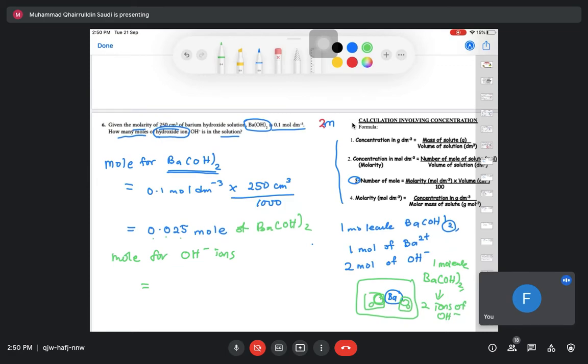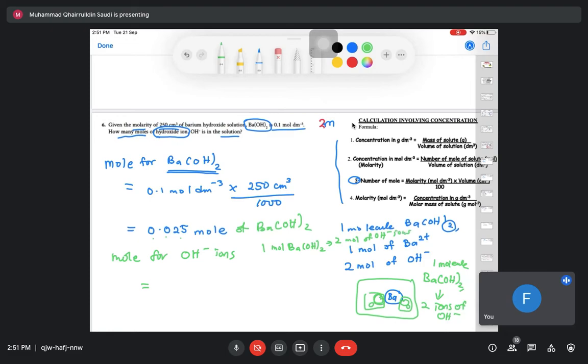Macam mana awak nak cari? Bahagi. Are you sure bahagi? Darablah. Okay. 1 packet, 1 mole of barium hydroxide, ada 2 mole of hydroxide ions.